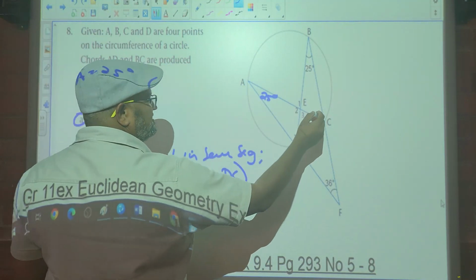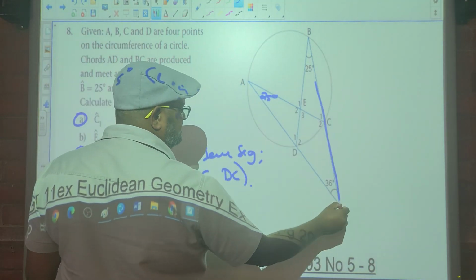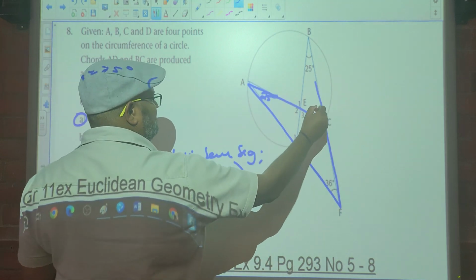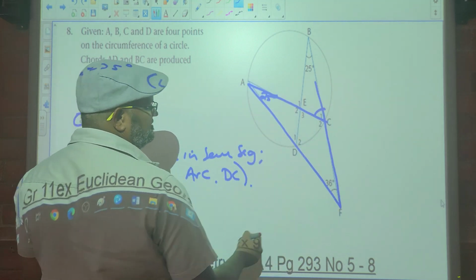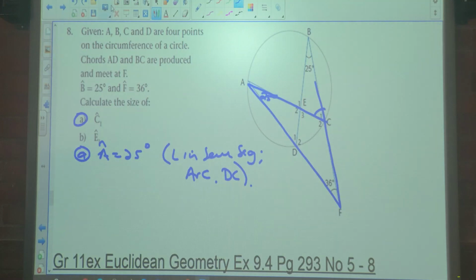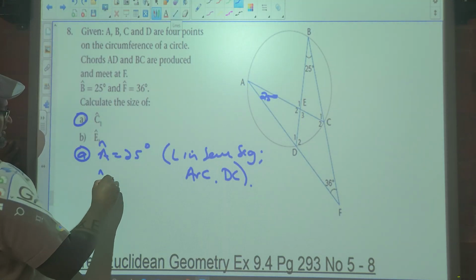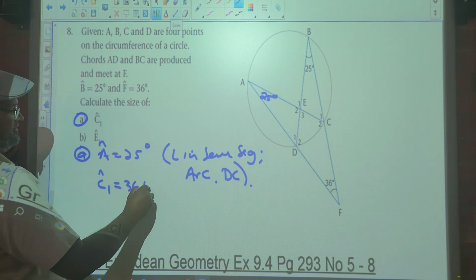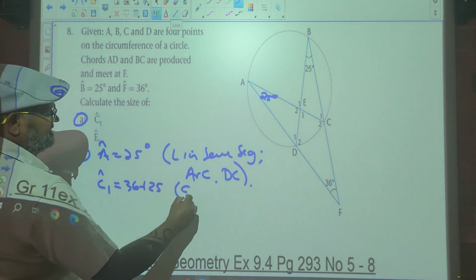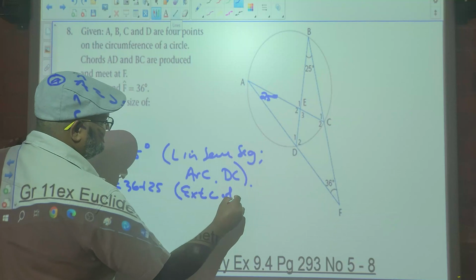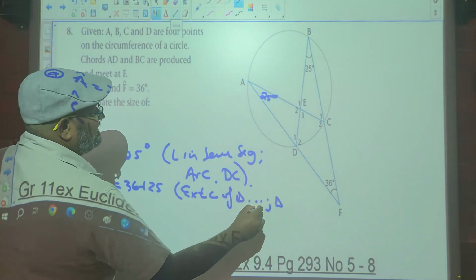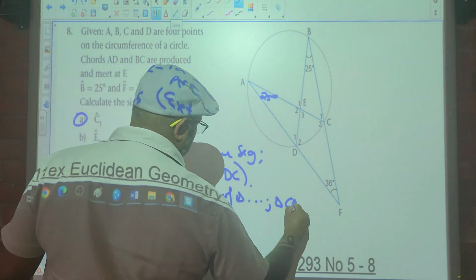So C1, exterior angle, is equal to the sum of two interior opposites. So C1 is equal to 36 plus 25. Why? Exterior angle of triangle, and it's triangle CAF.